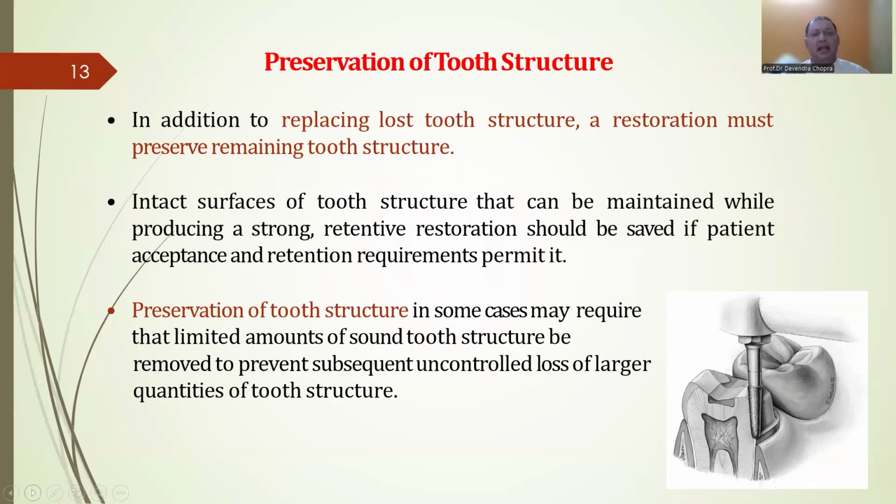That means if not required, don't ever go ahead with excess reduction, even if your laboratory person says we need excess bulk for feldspathic porcelain. Feldspathic porcelain is your veneering porcelain, when you put it on a coping, a metal coping or a zirconia coping, if you are using layered zirconias or layered PFM restorations.